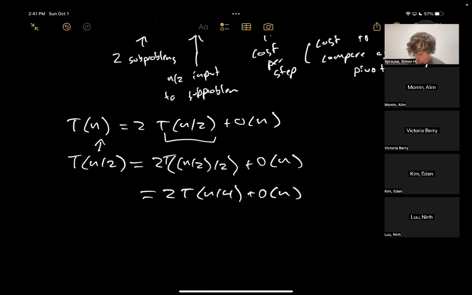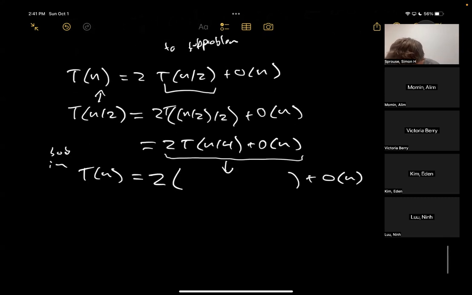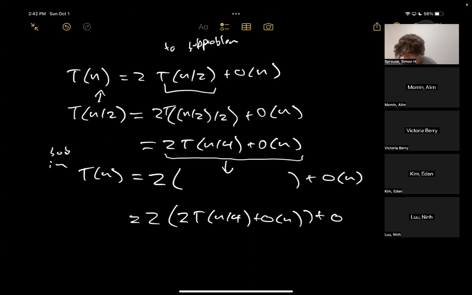And let's go ahead and substitute. Sub that in. So now we've got T of n is equal to, and this is what we're substituting, 2 times this plus O of n, which looks like 2 times 2T of n over 4 plus O of n plus O of n.